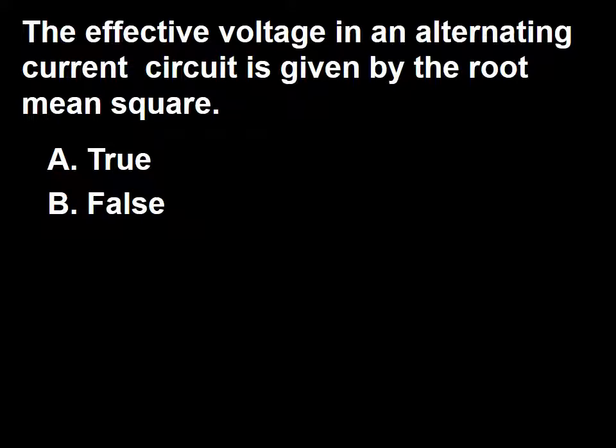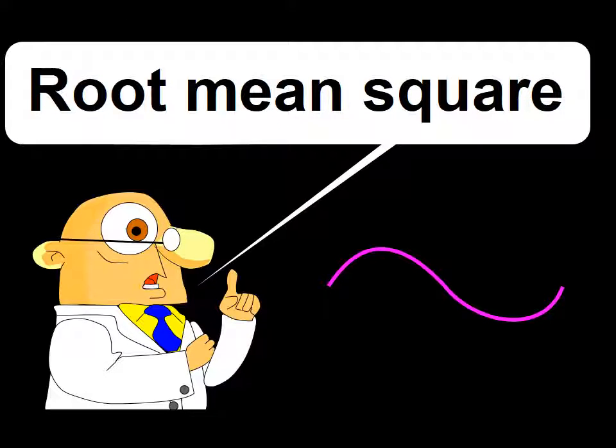Next question. The effective voltage in an alternating current circuit is given by the root mean square. A true, B false. Root mean square is an expression that was derived by empirical trial and error to be able to draw a one-to-one relation between alternating current and direct current.